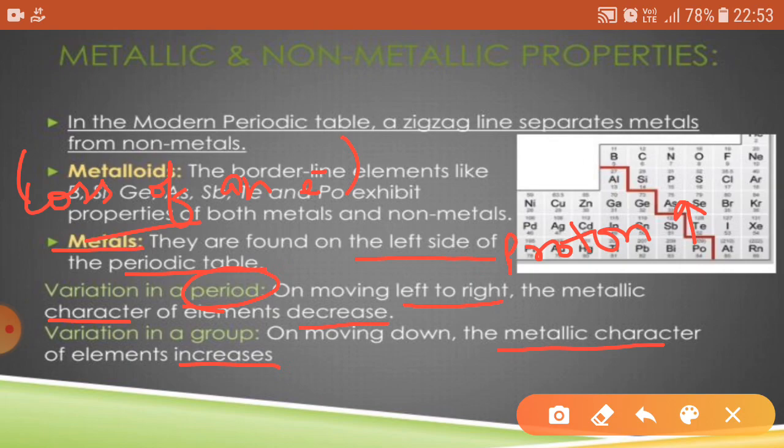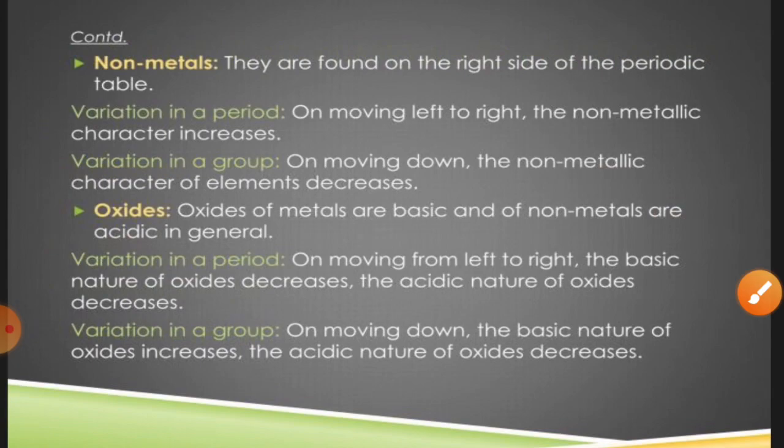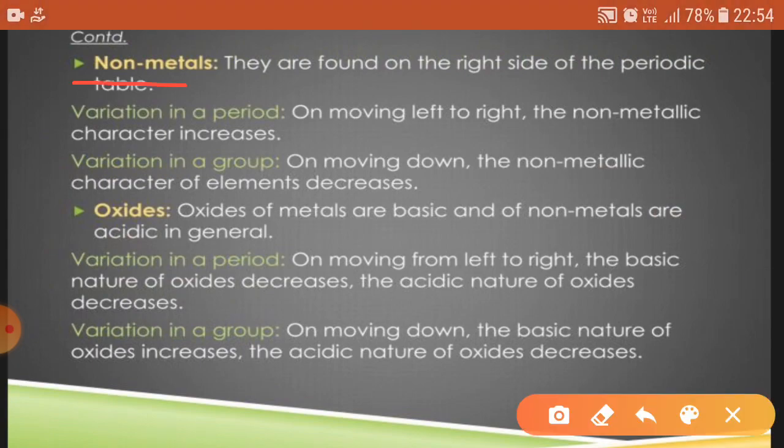And this metallic character is also proportional to the basic oxides. If metallic character increases, then basic oxides also increase. We will discuss this further. Now the next one is the non-metallic character.